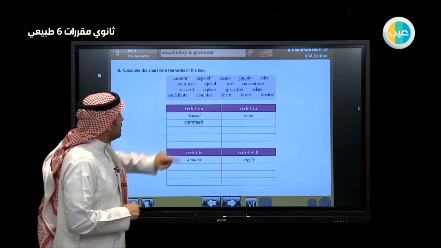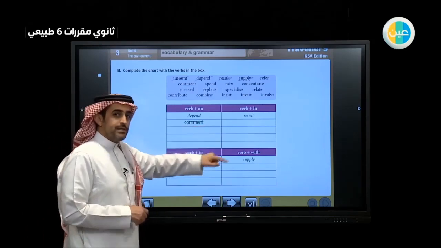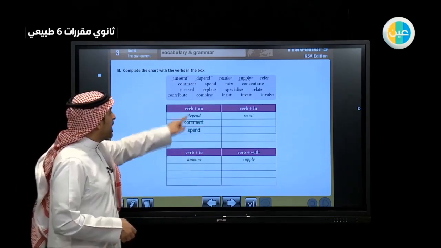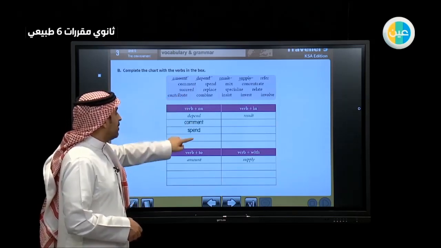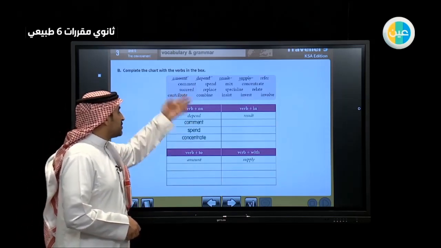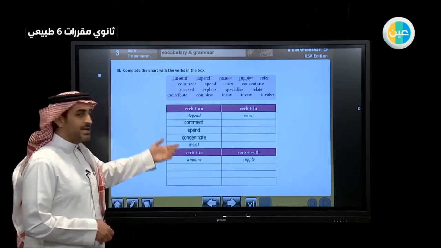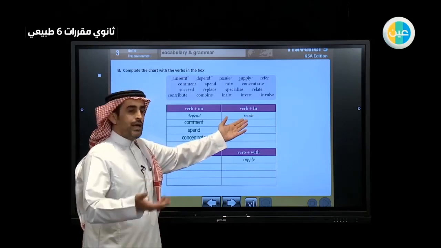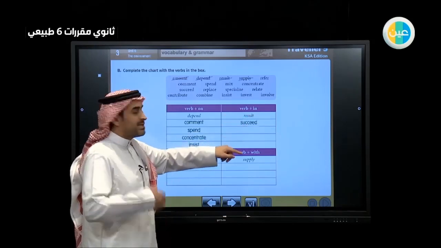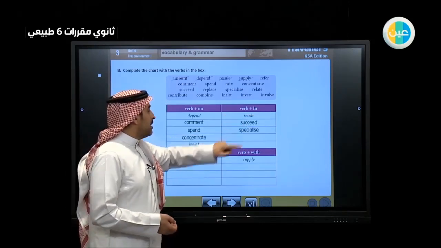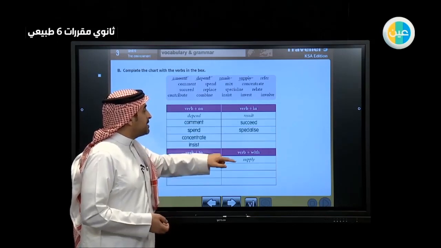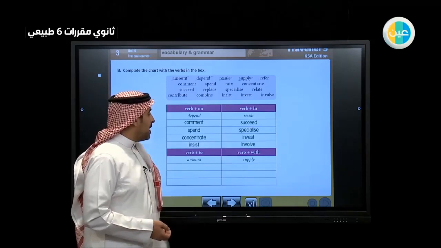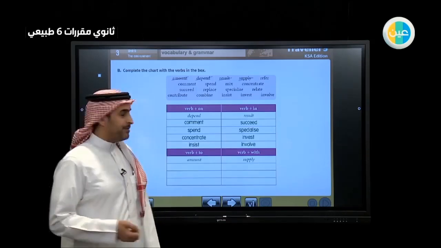Here, comment. A comment is a noun and it's also a verb. And also spend on, comment on. We have concentrate on, also insist on. Verbs with in, we find result in, also we can say succeed in, specialized in, invest in, and involve in.